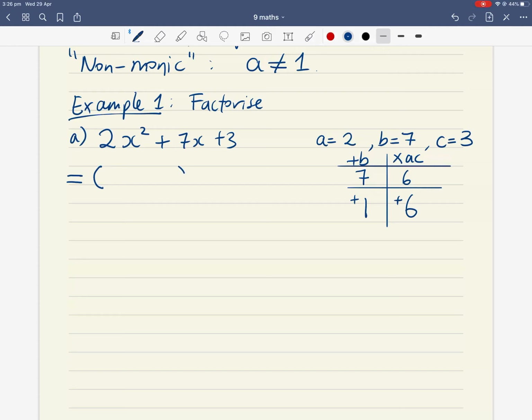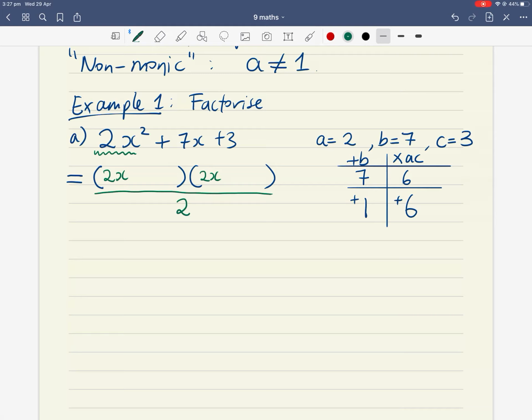Okay, so yesterday we would have said, go back to your original problem. We would write equal signs. We would then write brackets. Now this is where the new trick comes in. Because my quadratic is non-monic, rather than just writing x and x like we did yesterday, we would write down instead 2x in this first part of our brackets, because our coefficient is 2. It's 2x squared, so we would write in our bracket parts 2x and 2x.